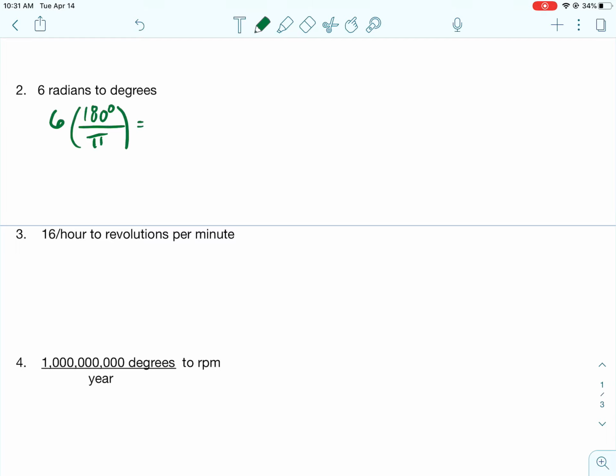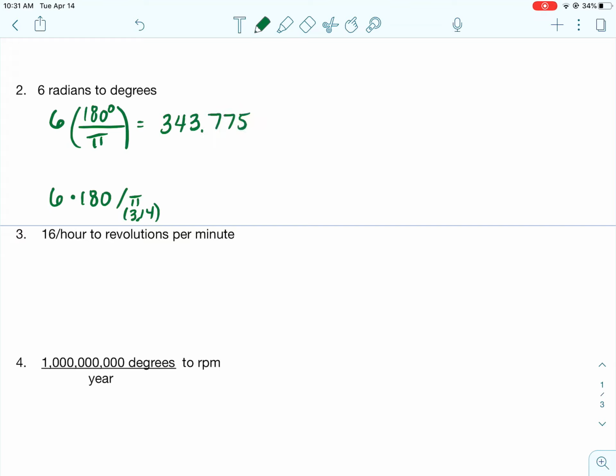So degrees is in the numerator and radians is in the denominator, and that's what we would use because I want to cancel radians and change it to degrees.